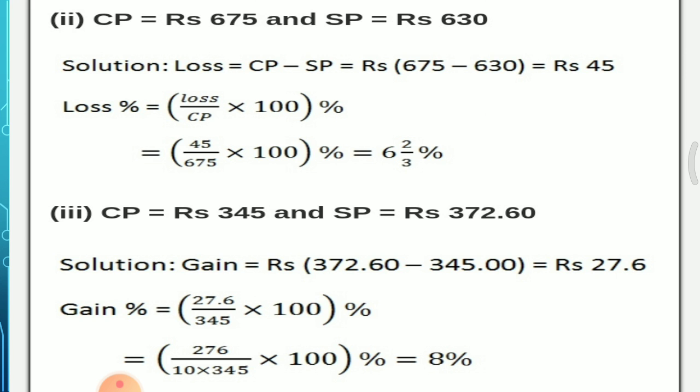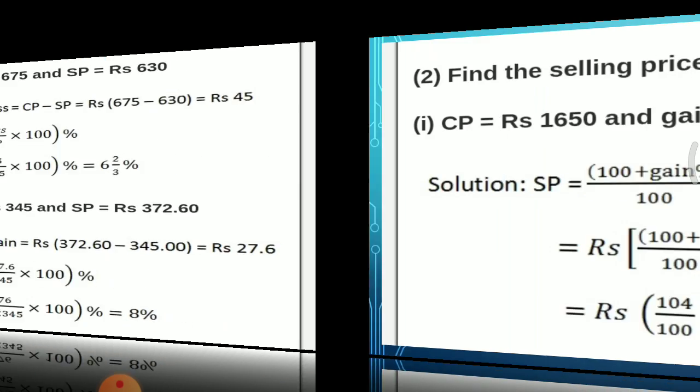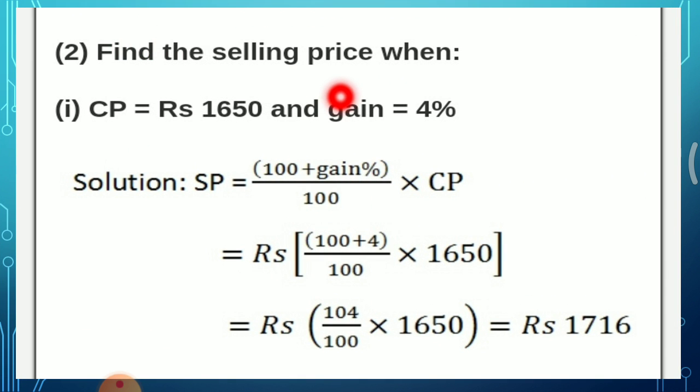Okay student, now the next question. Question number 2: find the selling price when cost price is equal to 1650 rupees and gain is equal to 4%. So the formula of SP is equal to (100 plus gain percent) by 100 multiplied by cost price.